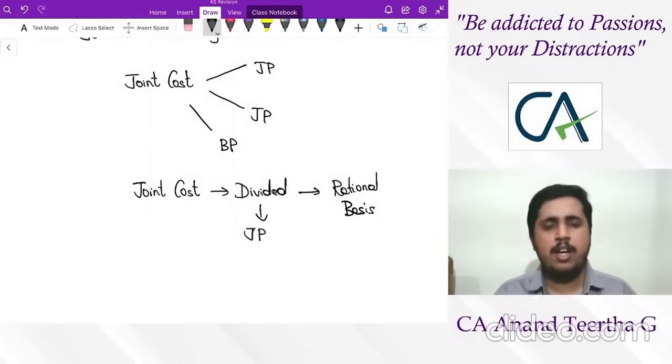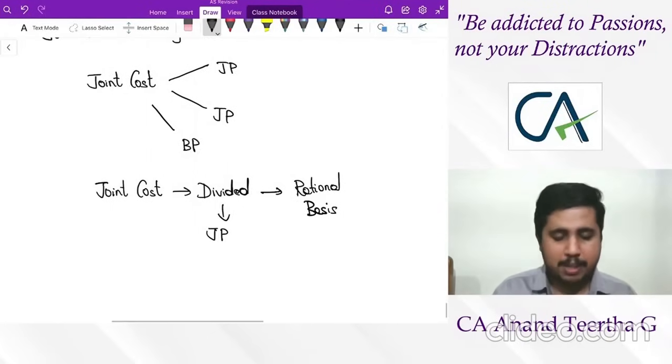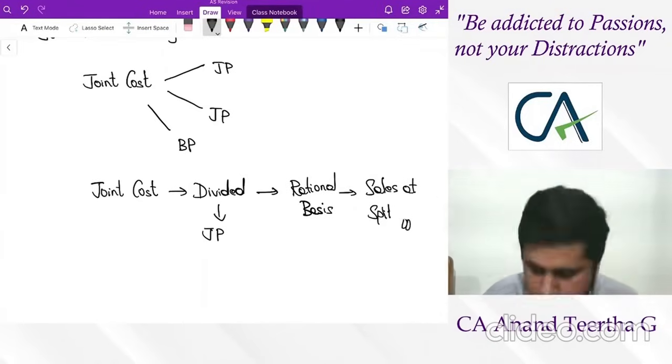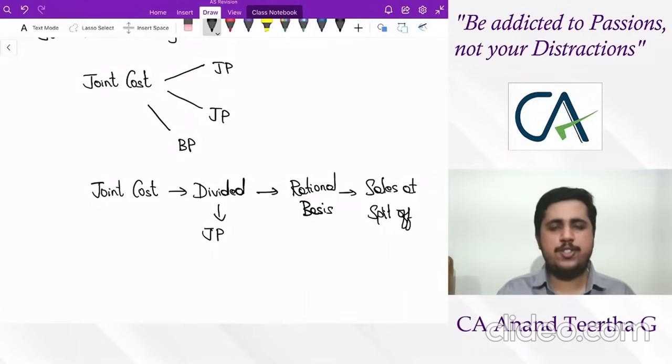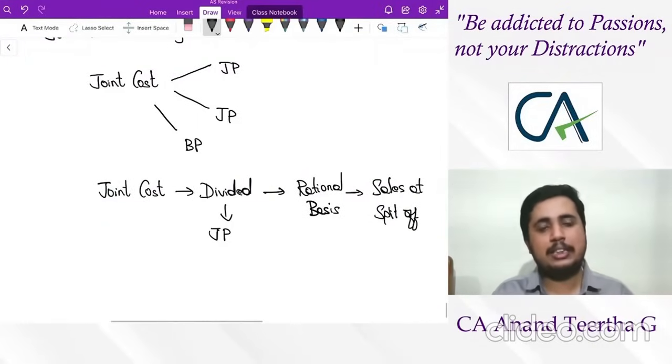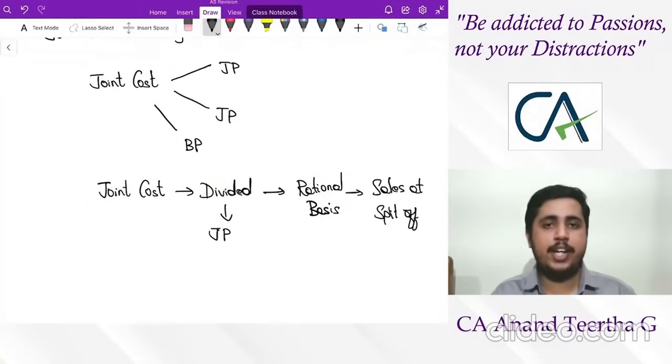Now, what rational basis mechanism can I apply? Normally, what is applied is the sales at split off point method. Sales at split off is normally considered as the mechanism for this bifurcation purpose. That is how you have to consider the joint cost bifurcation to joint products, because the joint product is your main product, and the byproduct is your subproduct.